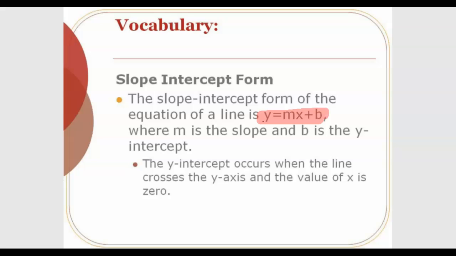So in y equals mx plus b, the m value will always represent the slope, and the b value represents the y-intercept, which, as we discussed yesterday, occurs when the line crosses the y-axis and the value of x is 0.